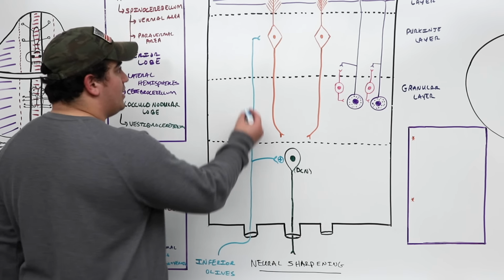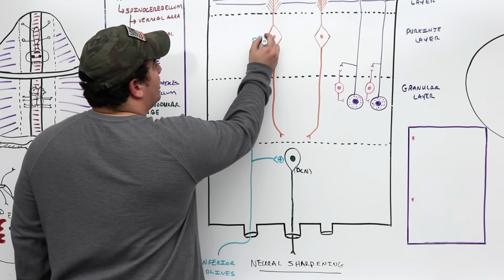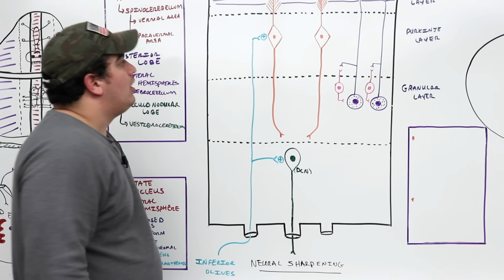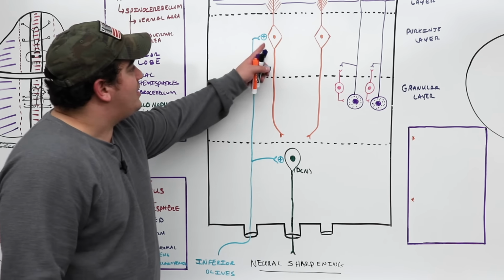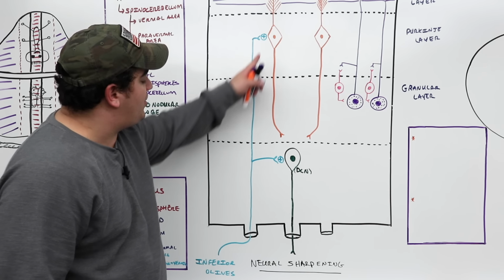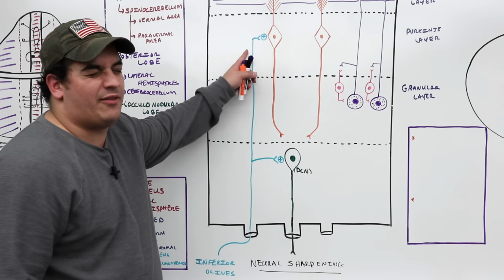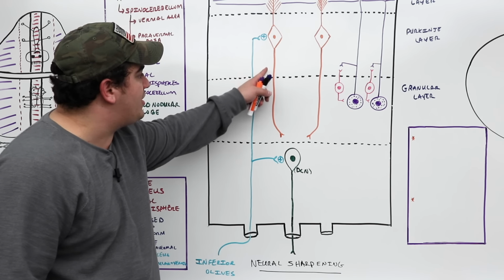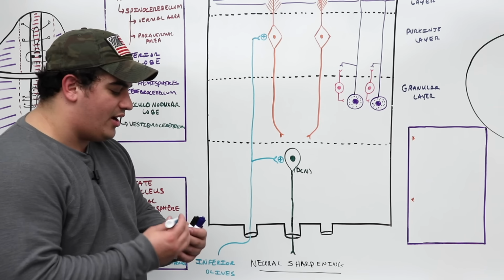And again, what do we say it releases? Aspartate. Aspartate, we said, is a stimulatory neurotransmitter that can stimulate these Purkinje fibers. Here's the interesting thing. When the Purkinje fibers are stimulated by these fibers, and we're going to give them a very particular name, it activates the Purkinje fibers. They send down action potentials, but here is the interesting part.